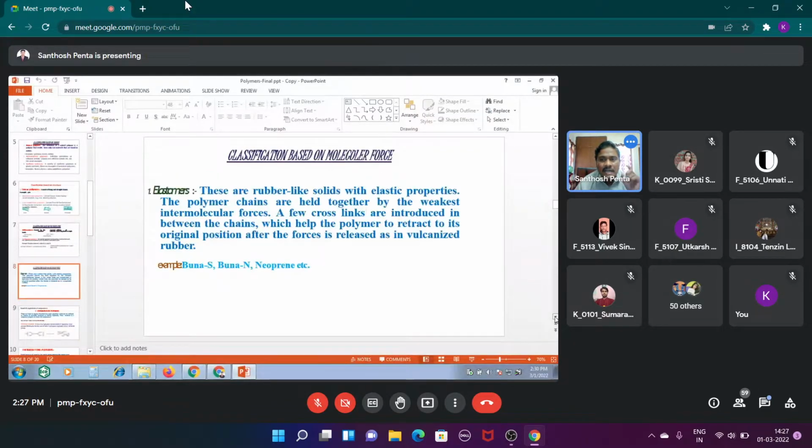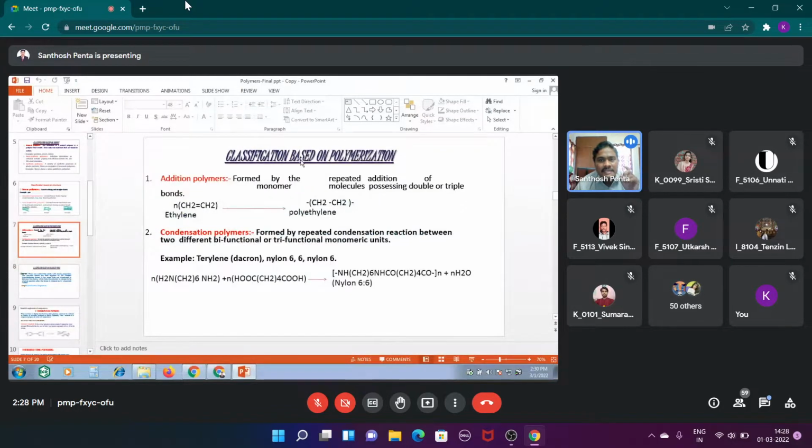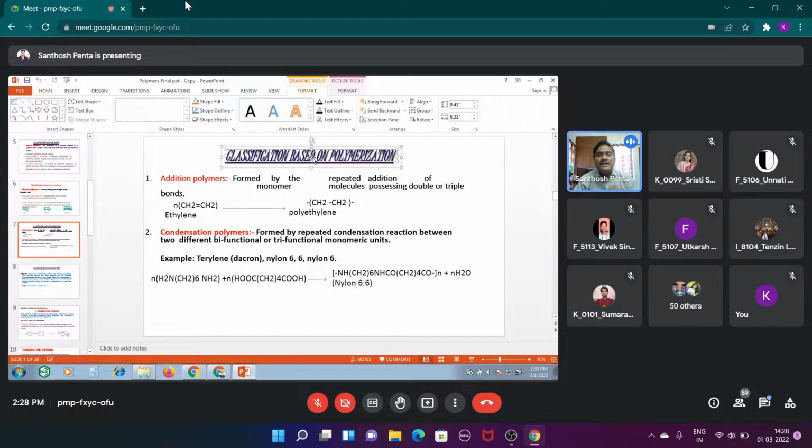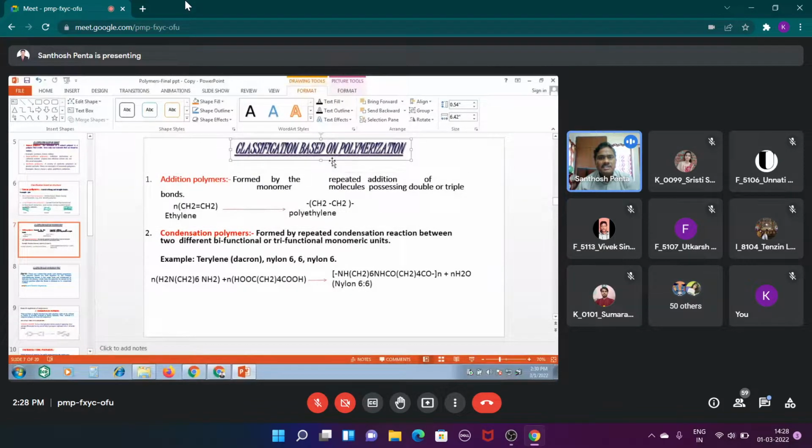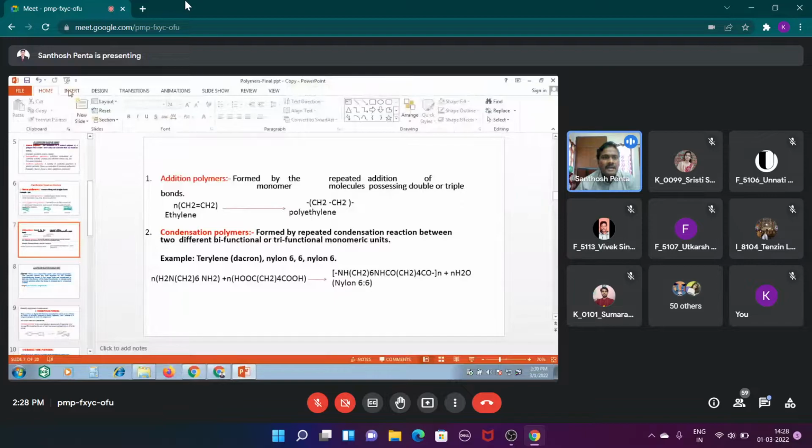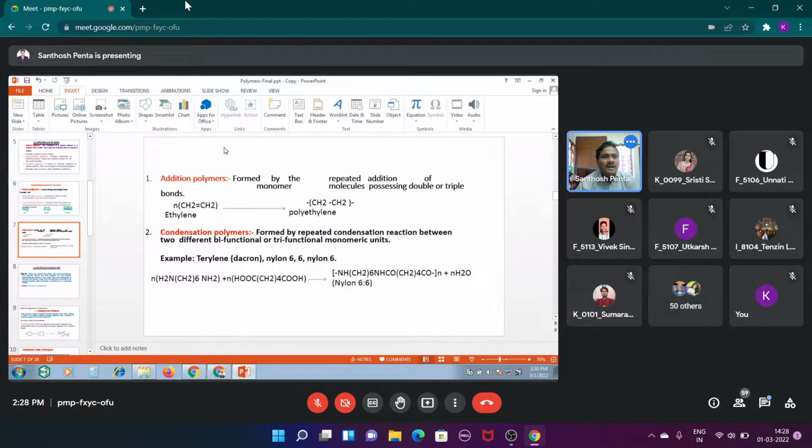Now I am going to discuss the title: classification based on polymerization. That means you can treat this as types of polymerization reactions. Here an image was copied, but you can treat this as types of polymerization reactions.